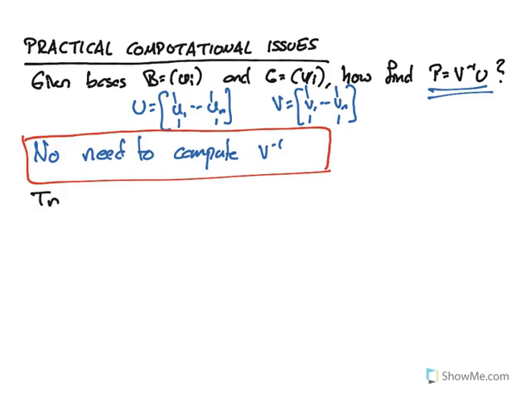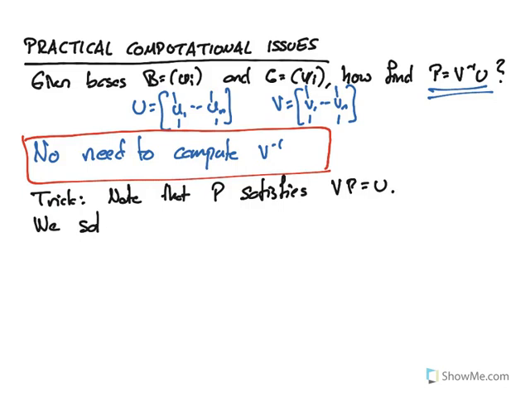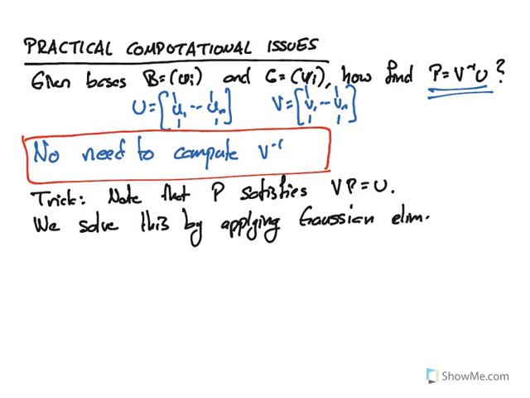And the trick is to note that P satisfies the equation VP is equal to U. And we can solve this by row reducing, by applying Gaussian elimination to this system.